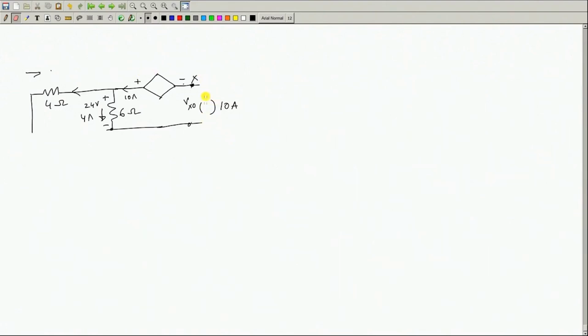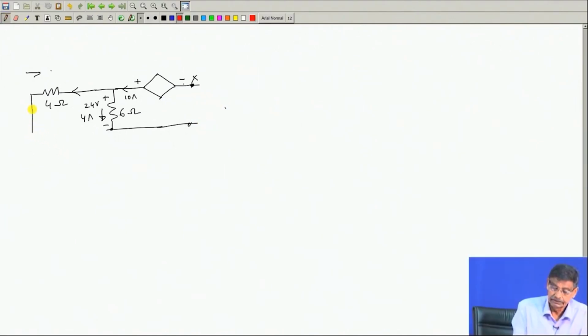This also, let me erase. It was some voltage source here, right? 10 volt. So, this was the circuit, this is the independent source 10 volt and this is the rest.